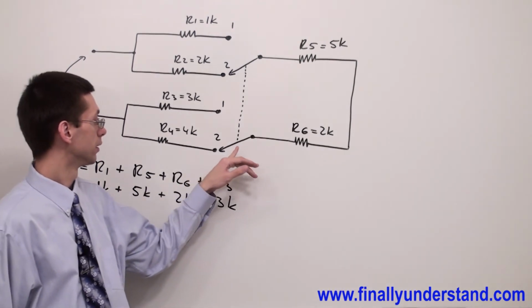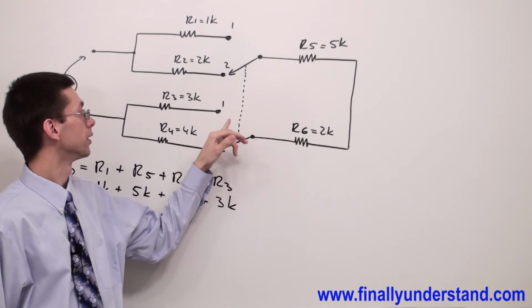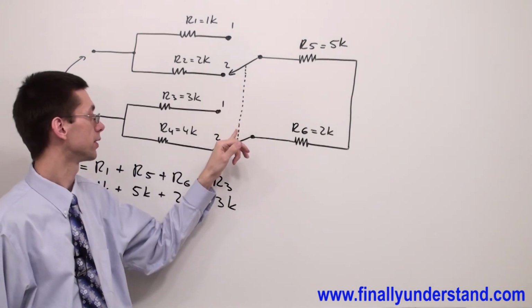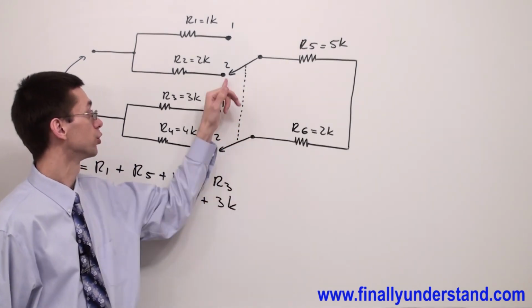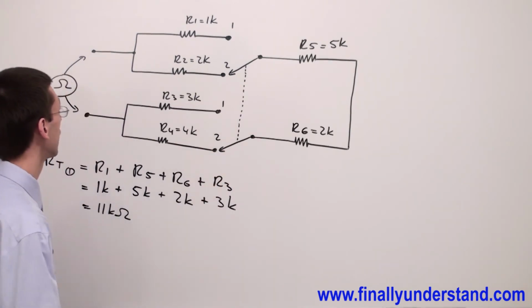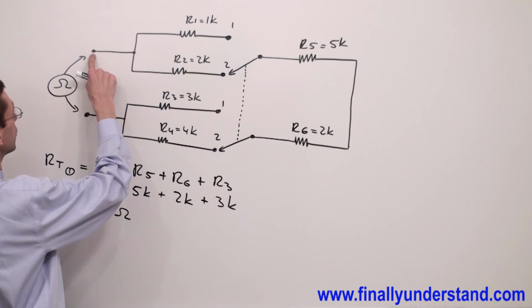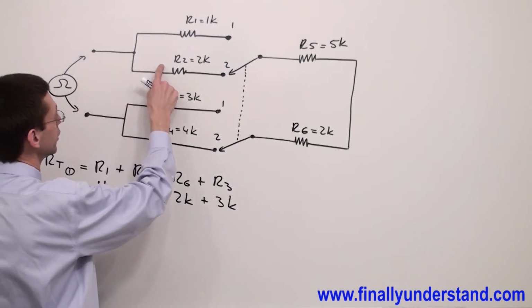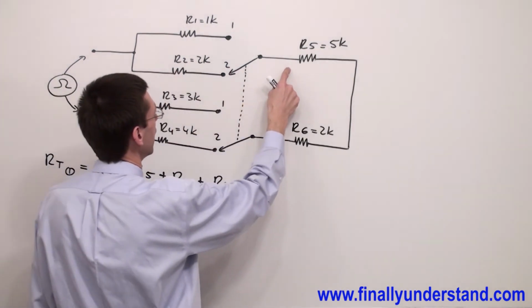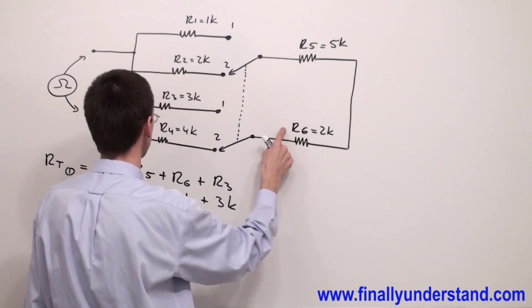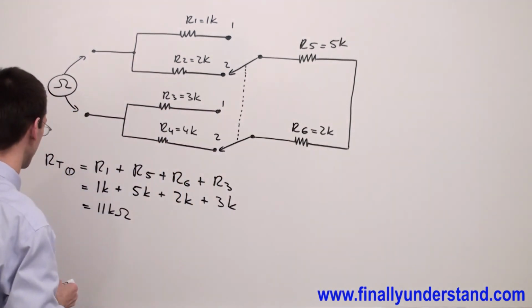Let's take a look at this circuit one more time. At this moment, the switch is at the second position, position 2. Let's take a look at how current is going to flow. The current is going to start from this point and go to R2, R5, R6, and R4.